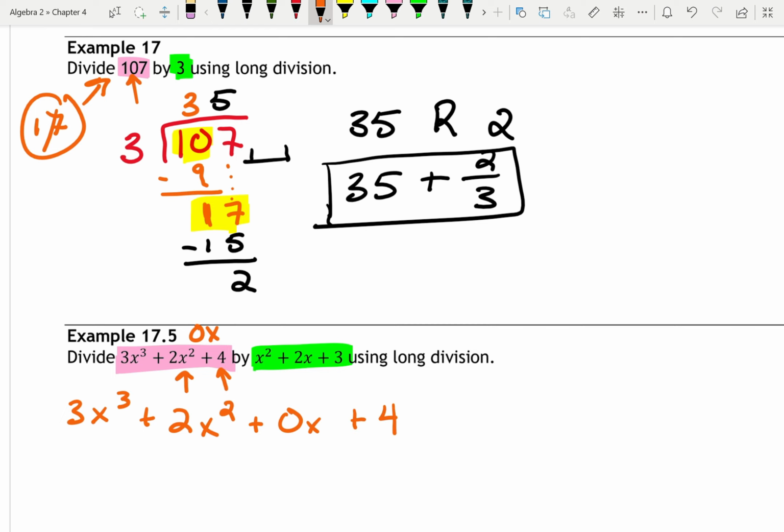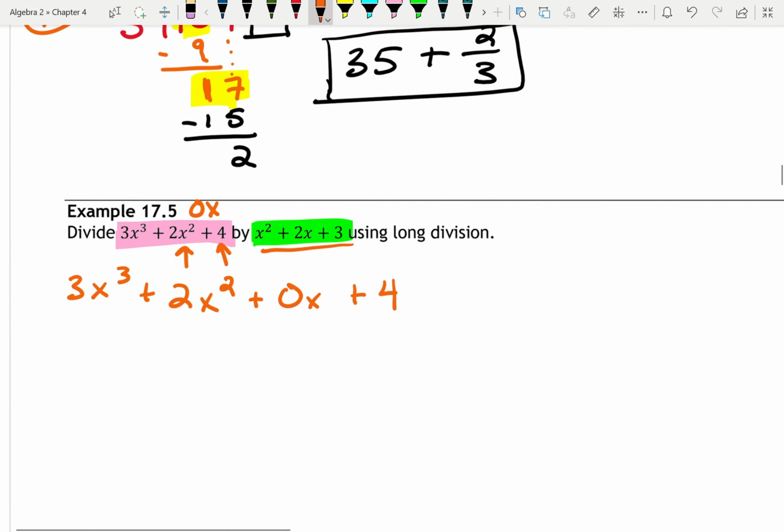Right, and now we don't have any of our place values missing. We have a cubic, a quadratic, a linear, and then a constant, right? Degree 3, 2, 1, and 0. I'm going to check my green polynomial as well right here, and it doesn't skip any, right? We have the degree 2, degree 1, and then degree 0.